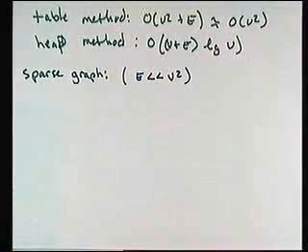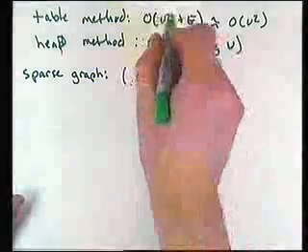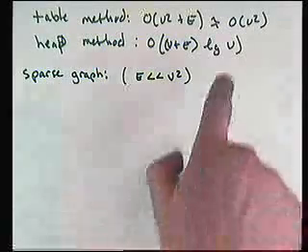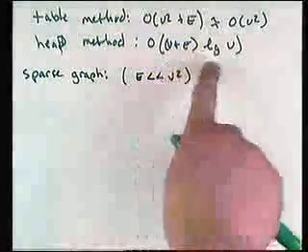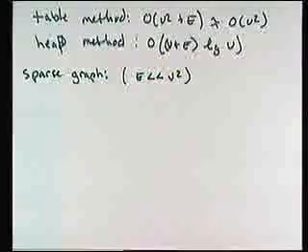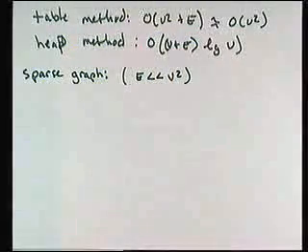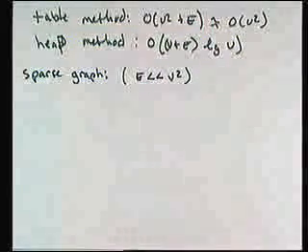In that case, the table method is worse, because if the number of edges is much less than v squared, then this quantity here will not be anywhere near v squared. What we basically have here is v plus E, and the number of edges is not going to be quite v squared, so this is more of a linear term, times log v.